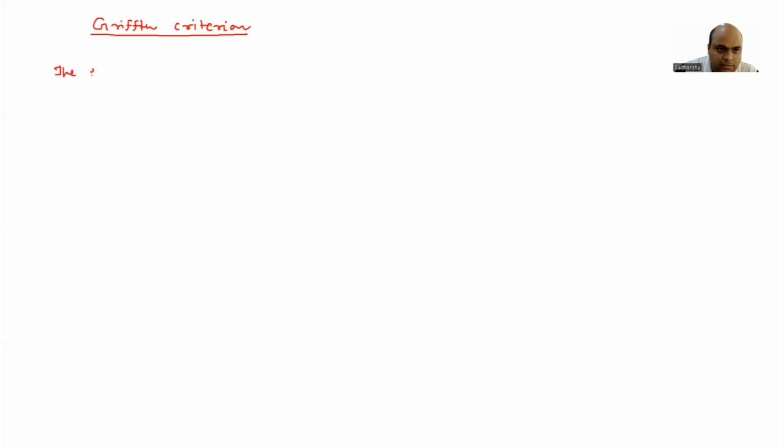So the equations were necessary conditions, but not sufficient conditions for crack propagation.